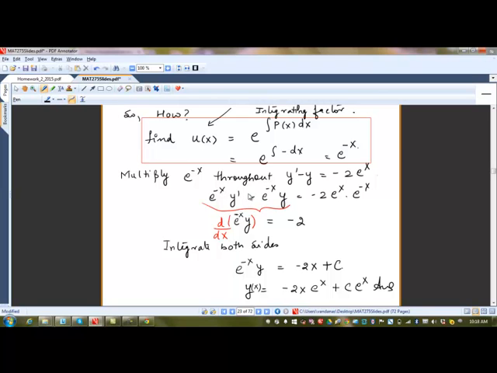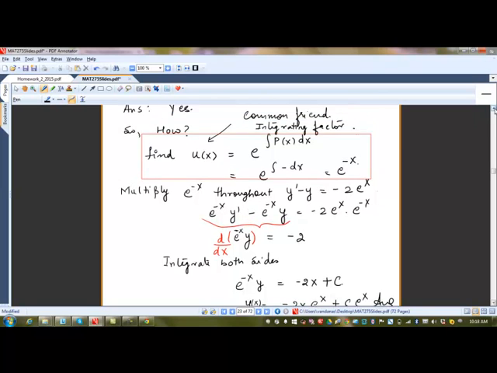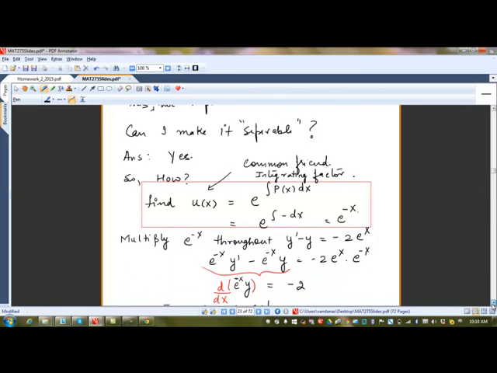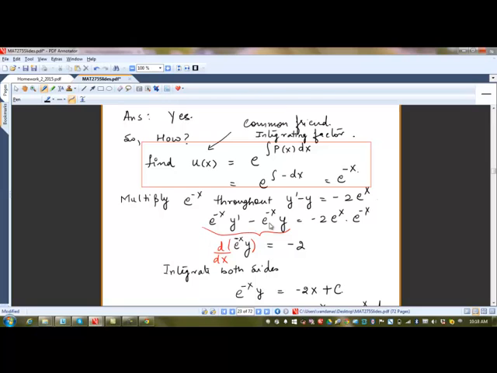This step is, you have a differential equation right up here. What I did is, I multiplied e to the power minus x throughout this differential equation. Once I did that, I started observing my left hand side. The left hand side eventually turns out to be the integrating factor times the unknown function.